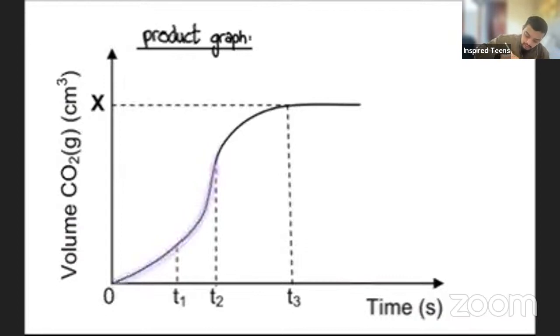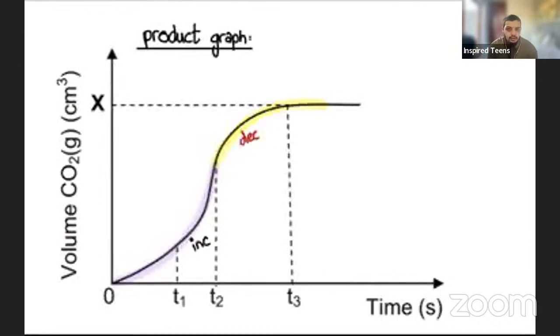Then it goes on to be this shape. If you remember correctly, this is an increasing gradient. You can see the slope is increasing as we go along. But here the slope is now decreasing.